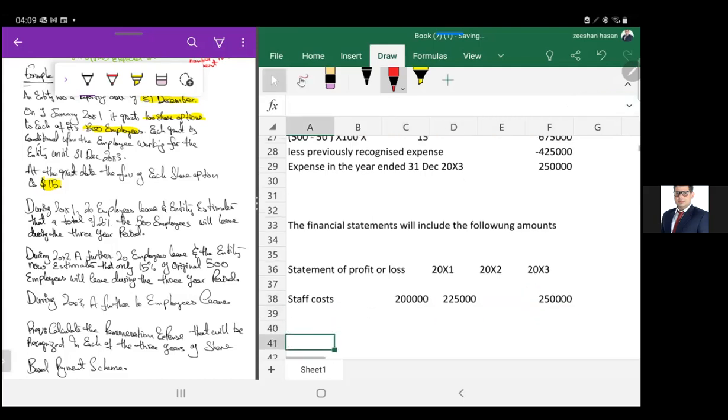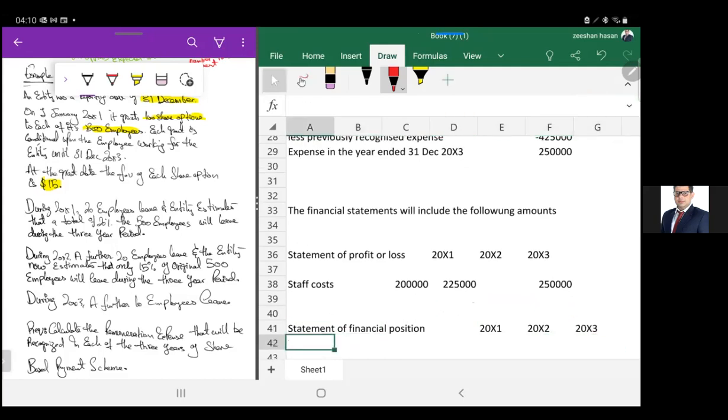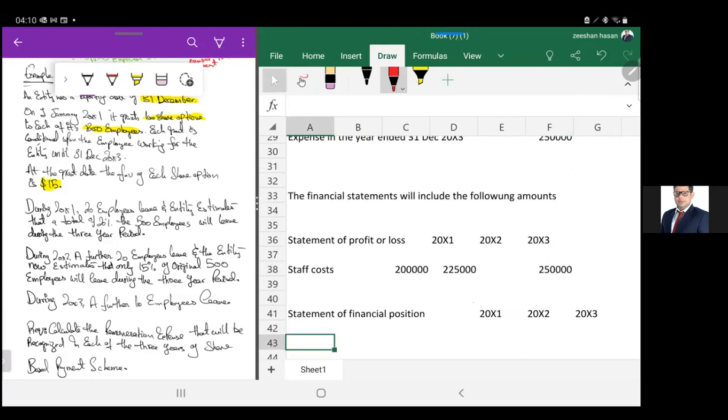Then the statement of financial position. 2000X1, 2000X2, 2000X3. Other components of equity.